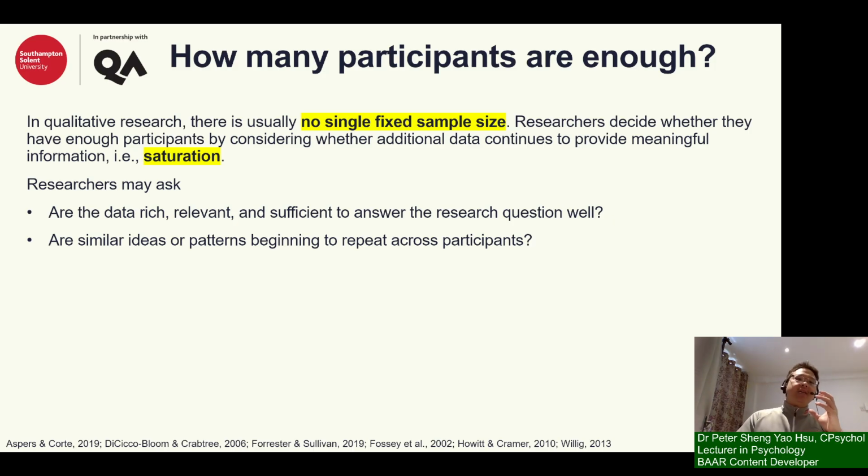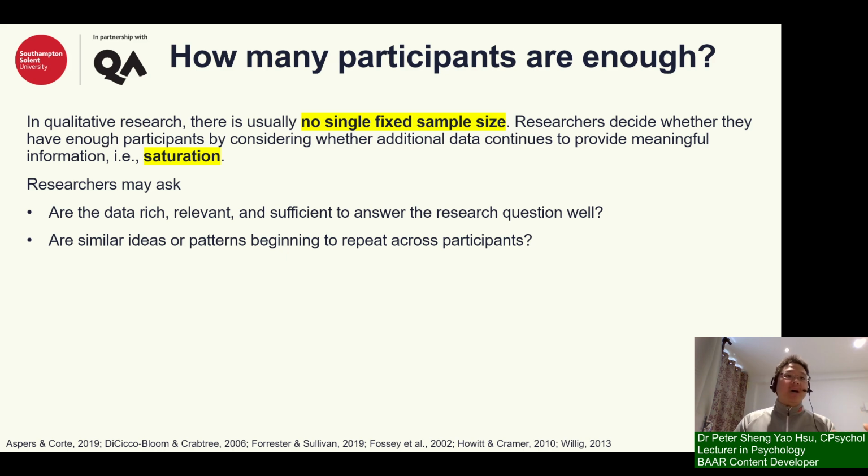The key point is that qualitative sample size depends on the research aim, the methods, the depth of the data, the diversity of participants, and the analytic approach.